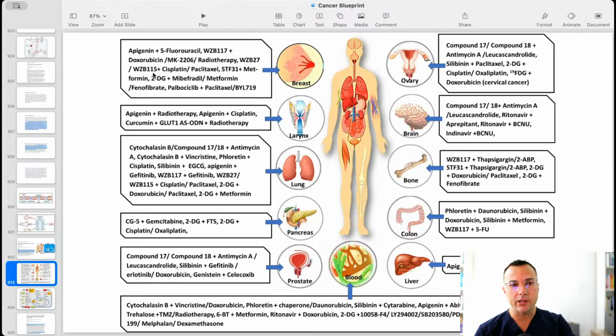We'll see it over and over again, plus cisplatin and paclitaxel, a chemotherapeutic regimen, or in some cases they were using a whole host of different chemotherapeutic regimens, plus radiotherapy, plus both natural and synthetic glutamine blockers. And they were looking at particular cancers that they were studying these things on, which I think is pretty interesting.